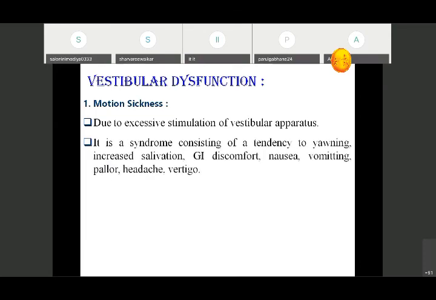It is a syndrome consisting of a tendency to yawning, increased salivation, GIT discomfort, nausea, vomiting, pallor, headache, and in severe conditions leading to vertigo and dizziness. It is seen in all forms of travel where there is irregular motion.